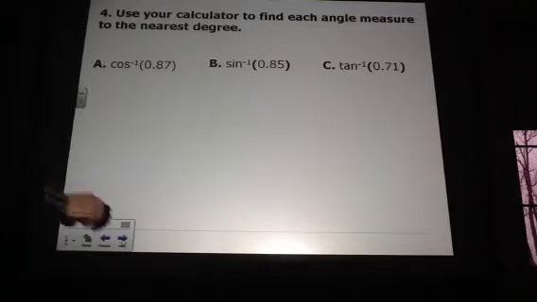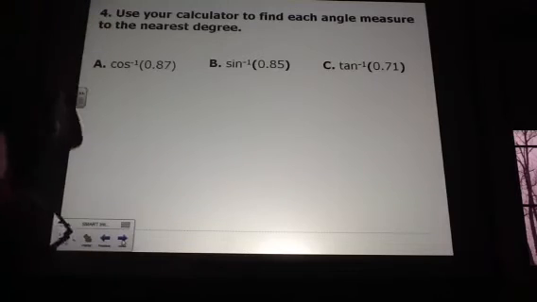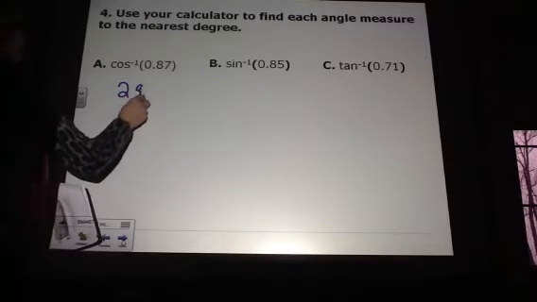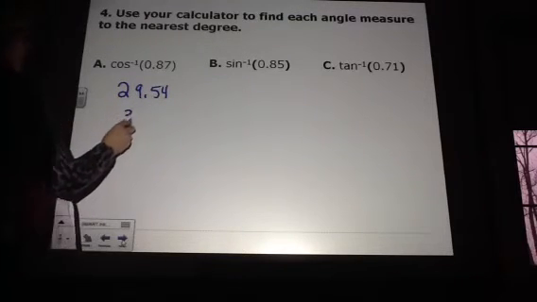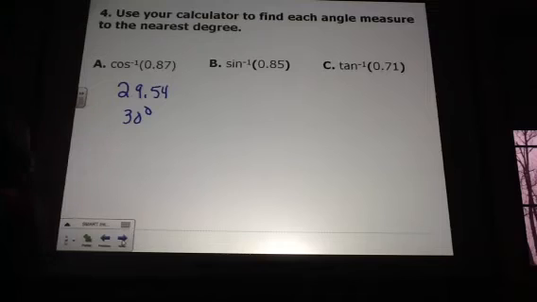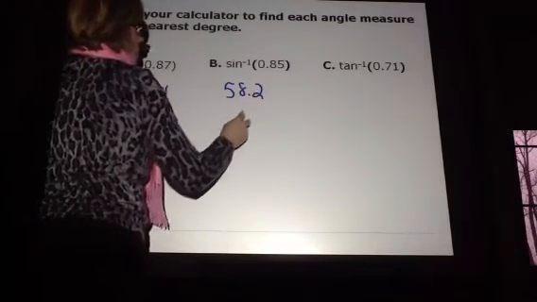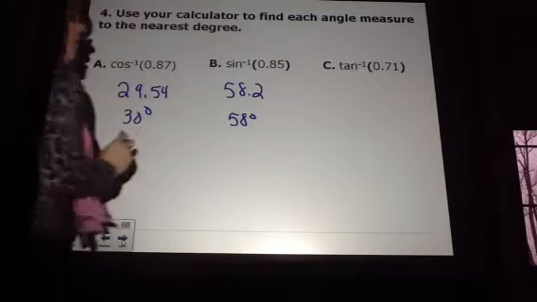You're using the inverse. So the inverse of cosine 87 hundredths is 29.54, and they want you to round to the nearest degree, so that's 30 degrees. The inverse of the sine of 85 hundredths is 58.2, so that rounds to 58 degrees.